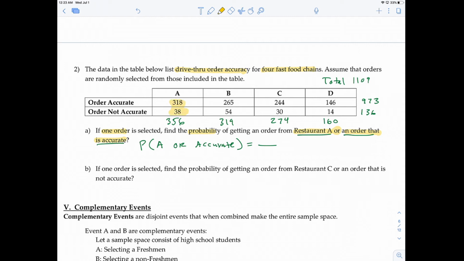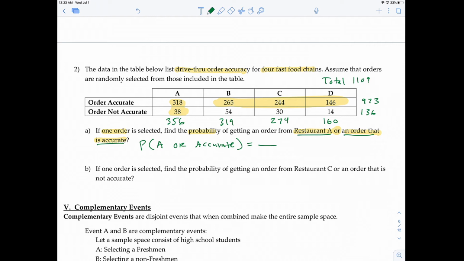These are restaurant A. Again, imagine you have 1,109 orders in a database, and how many different ways can we select in restaurant A? All of these would stand out, and then or accurate, then all of the accurate orders here would also stand out, right? And again, we're not going to include this one again when we're counting the accurate orders because we don't want to double count, right?